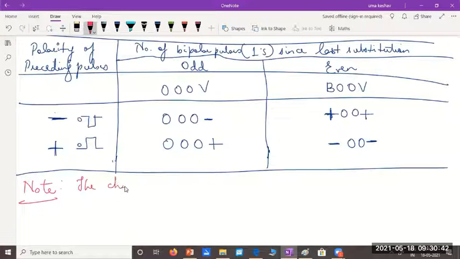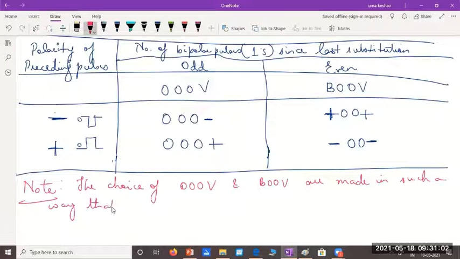The choice of 000V and B00V are made, let's say, in such a way that consecutive voltage pulses alternate signs, so as to what?